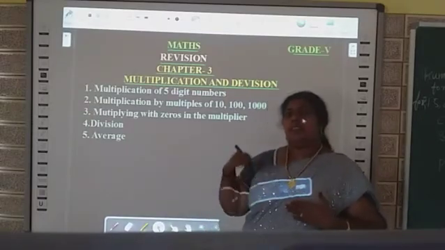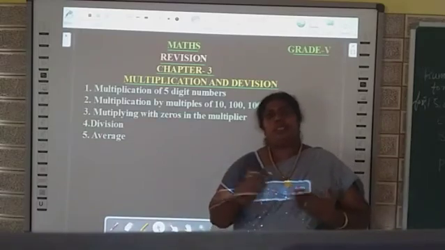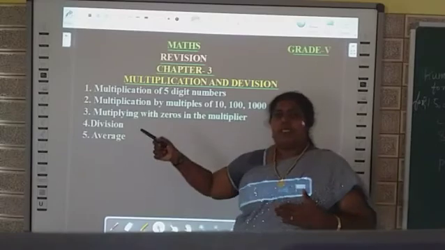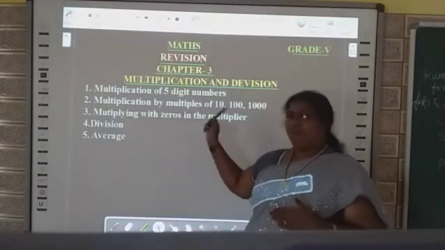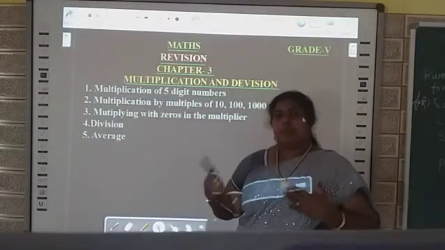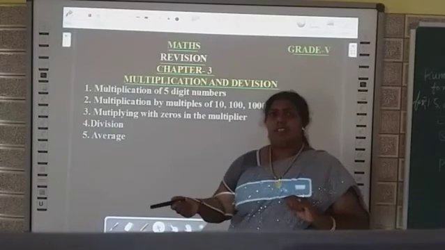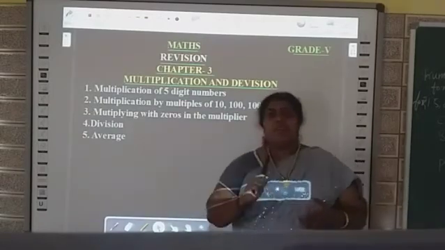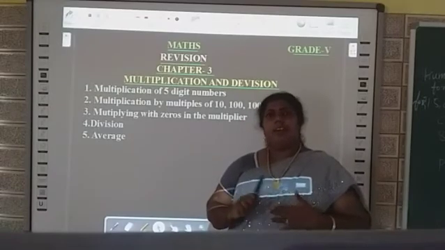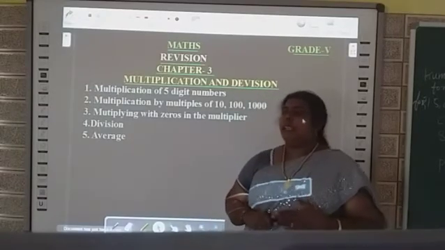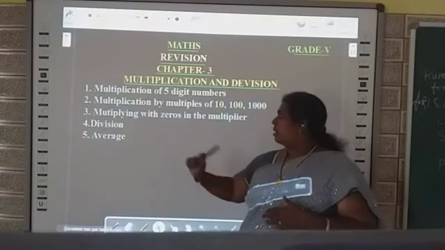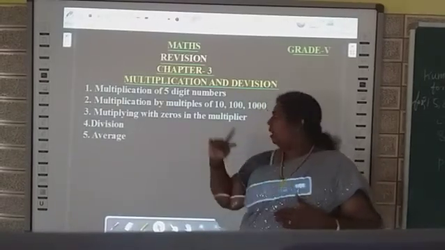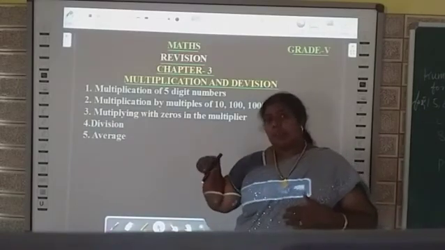In multiplication and division, what are the things you learned? Do you remember? Yes. We learned these things, right? That means multiplication of 5-digit numbers, that is multiplying by 2-digit and 3-digit numbers, right? Then multiplication by multiples of 10, 100 and 1000, isn't it? Then multiplying with zeros in the multiplier.